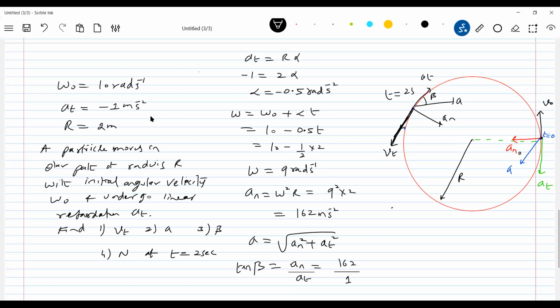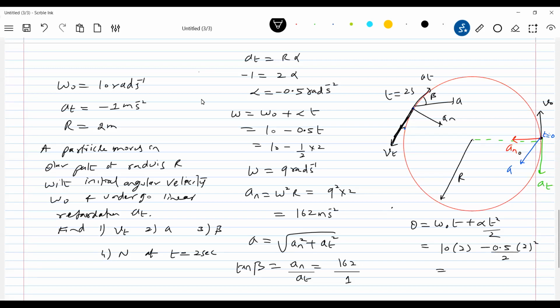Okay, next after this, beta got over. Now the number of revolutions is asked. So for that we need theta, no? So what should be the formula for this? Theta equal to omega naught t plus half alpha t square. Omega naught is 10. Time given is how much? 2 seconds. Alpha is how much? 0.5. 2 square by 2.